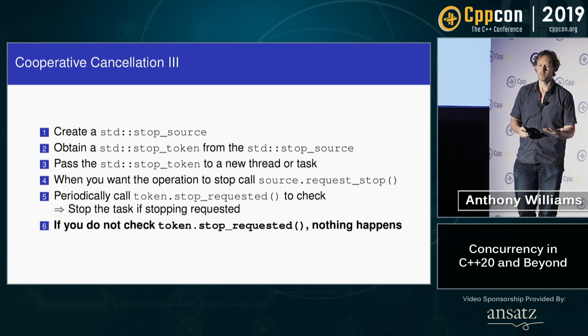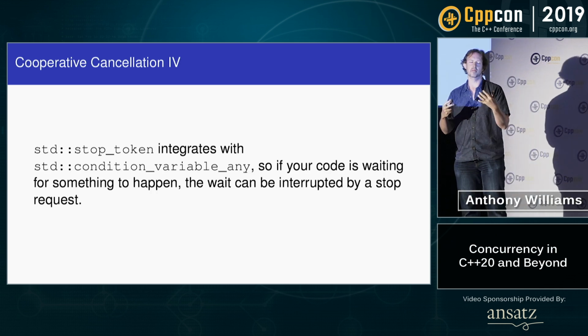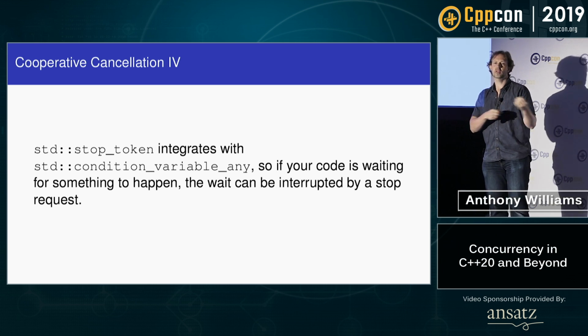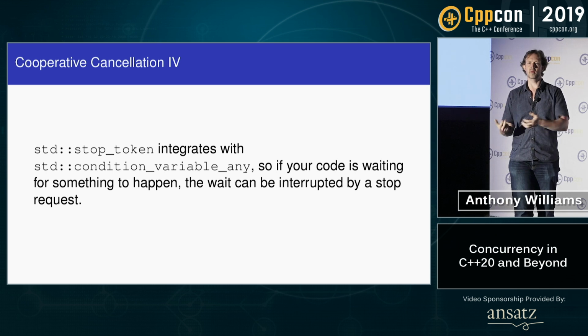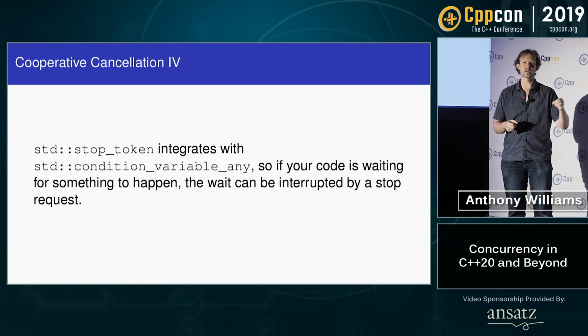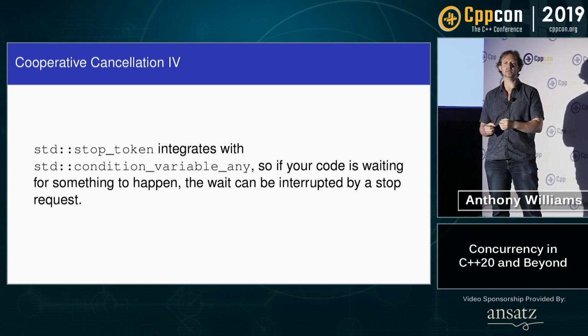There is also then an integration with condition variable any. For those of you that aren't so familiar with it, standard condition variable is what you use most of the time when you're thinking condition variables in C++. Condition variable any is its flexible cousin.